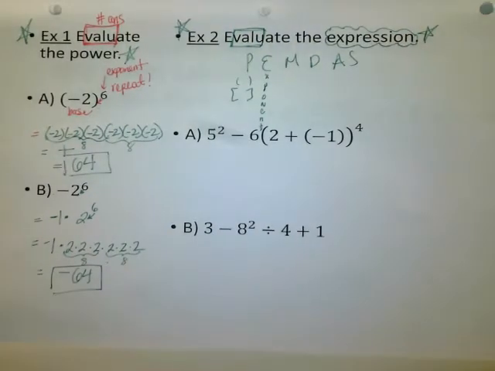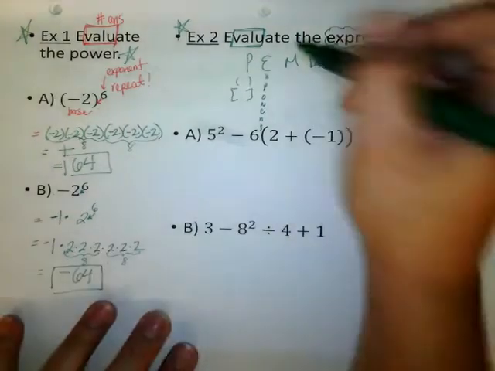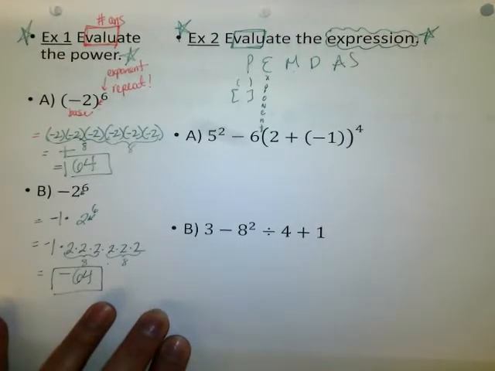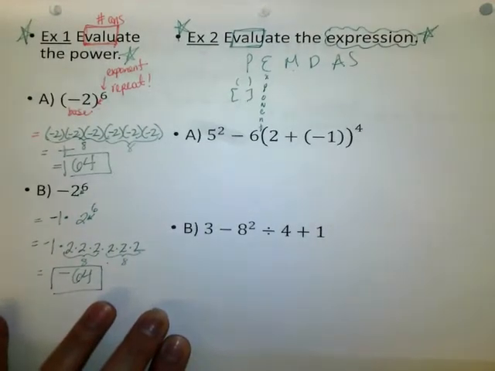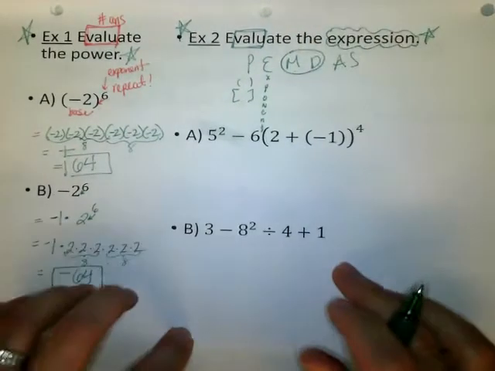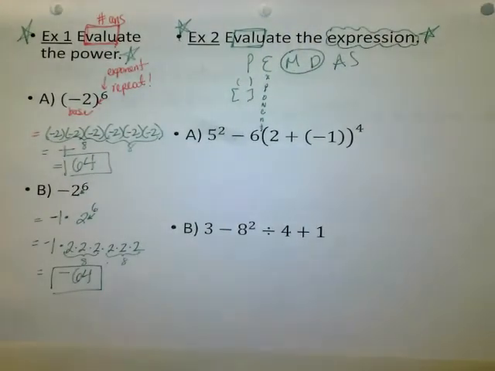All right, exponents. What about the M and the D? Multiplication and division. Multiply and divide. Now, do you do multiplication first, always, always? No. And this is where order of operations becomes tricky. Multiply and divide are inverse operations. They undo one another. Mathematically, they're equivalent.